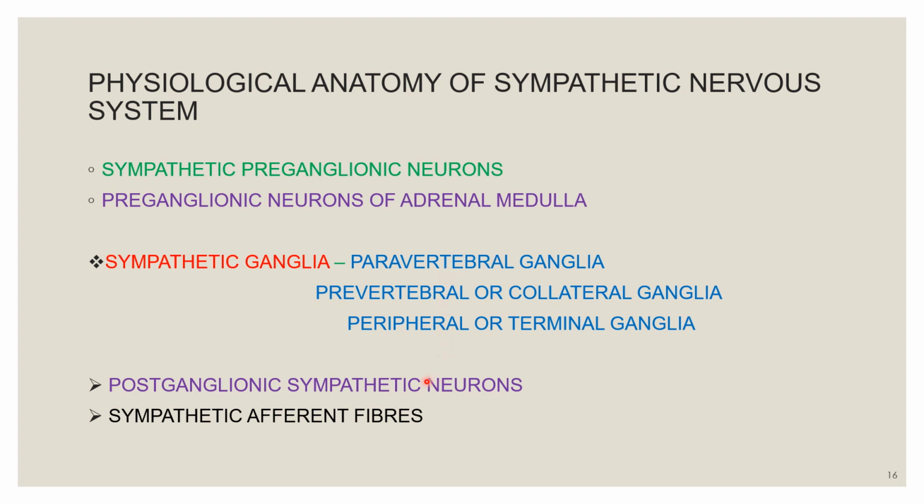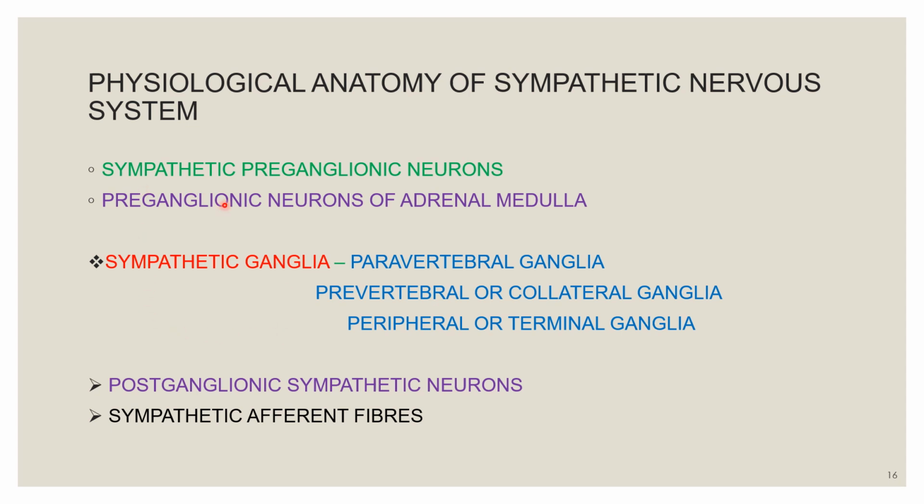Now coming to the physiological anatomy. We will discuss the physiological anatomy of the sympathetic nervous system. In anatomical considerations, we have seen all these things. And what is the physiological anatomy? It is how that anatomy is related to our physiology.